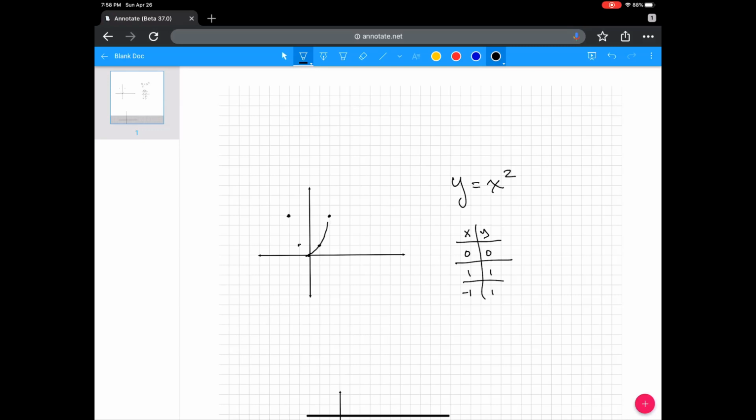And then you can connect that these are solutions in point form to a particular equation. Everything that makes that true will be on the graph, and any points on the graph are an x and a y value in the Cartesian coordinate system that makes this true.